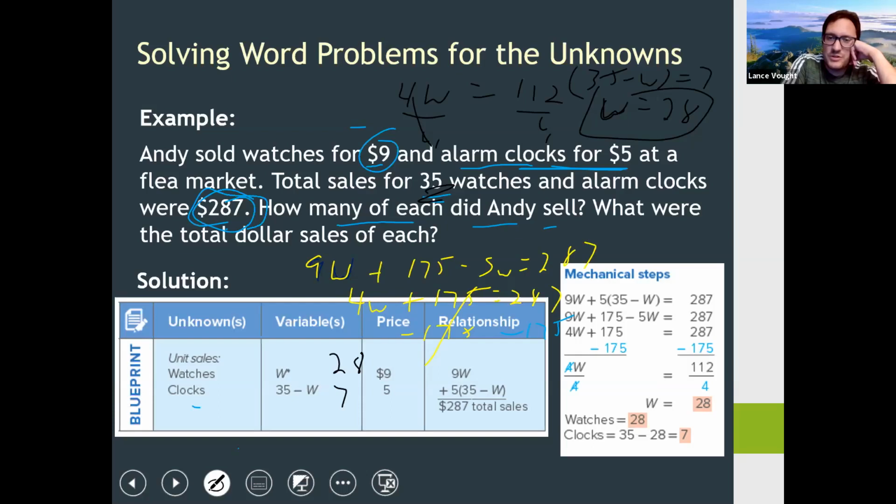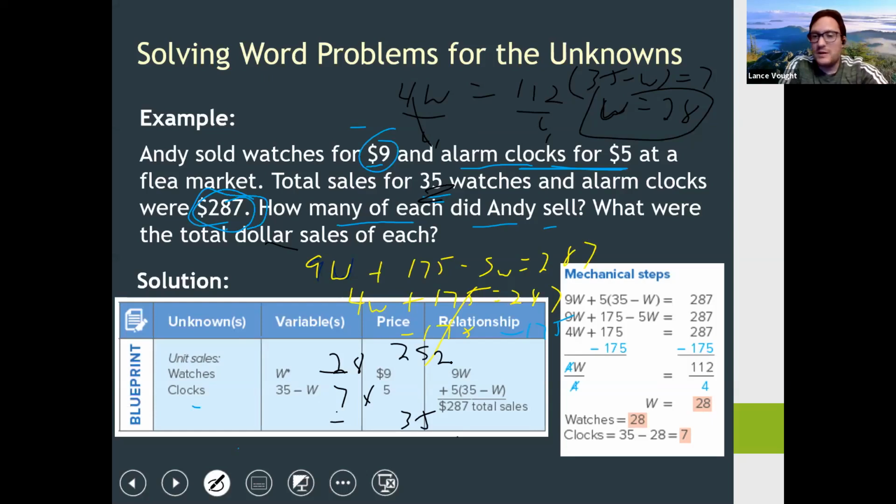If we want to determine the total amount of money they sold, we just multiply these numbers by the price. So we sold $35 because it's 7 times 5, $35 in clocks. 28 times 9 is 252, I believe. Yeah, 252.